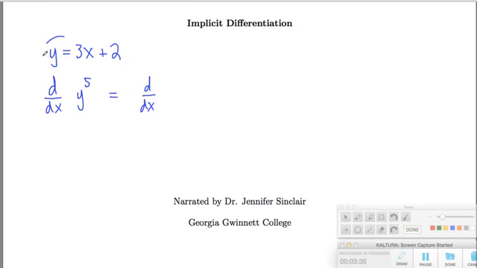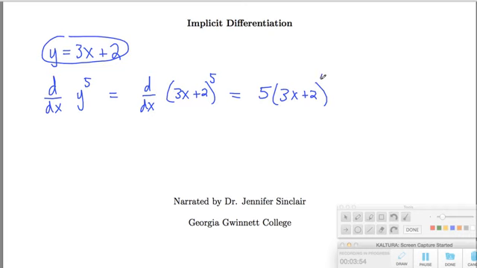Well, remember that y is 3x plus 2. So that would be 3x plus 2 to the power of 5. To take the derivative of that requires a chain rule. This would be 5 times the inside function left alone, all to the power 4. And remember, with chain rule, you have to multiply by the derivative of the inside function. So this is something to the power of 5: the derivative of something to the power 4 times the derivative of that inside something.